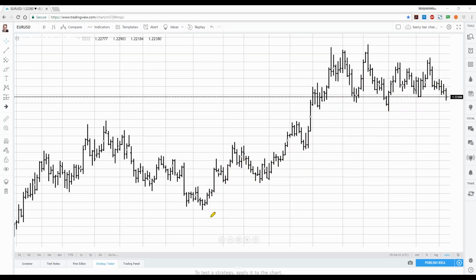Now, a trend line starts out at what we call the significant low. The significant low would be the point where the price reversed itself and the lowest point it fell to. And we would extend this line forward, but no price action, whether it's a high, a low, an open or close, can break that trend line.